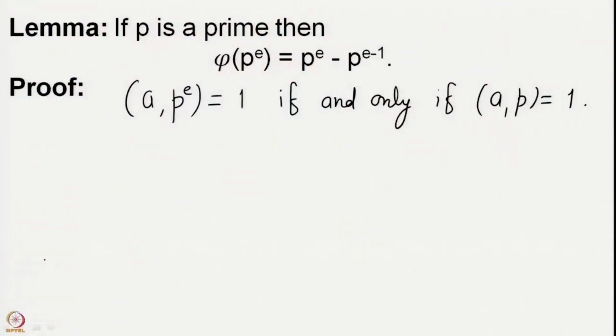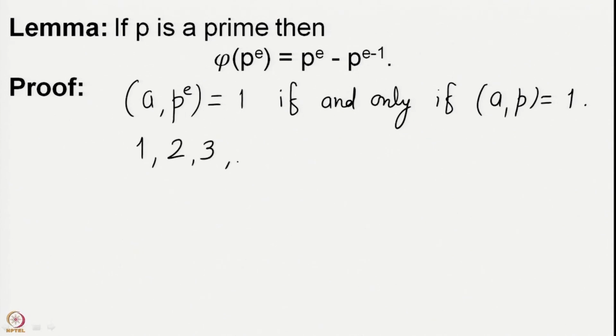So, when we are counting elements modulo p^e, we will start with 1, 2, 3 and write down all the elements up to p^e, and among these we will have to find elements which are not co-prime to p^e and remove them. We simply have to find elements which are not co-prime to p and remove them. That's how simple it is. So, we start by writing the elements modulo p^e.